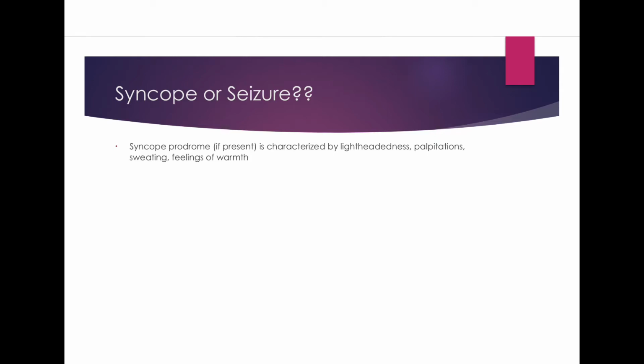One feature is that in syncope, if there is a prodrome where the patient complains of symptoms just prior to the loss of consciousness, they're usually associated with things like lightheadedness, palpitations, sweating, or feeling of warmth. Whereas in seizure, they may report auras with neurologic symptoms like a generalized feeling of unease, a feeling of déjà vu, or lateralizing symptoms such as unilateral arm or leg twitching.